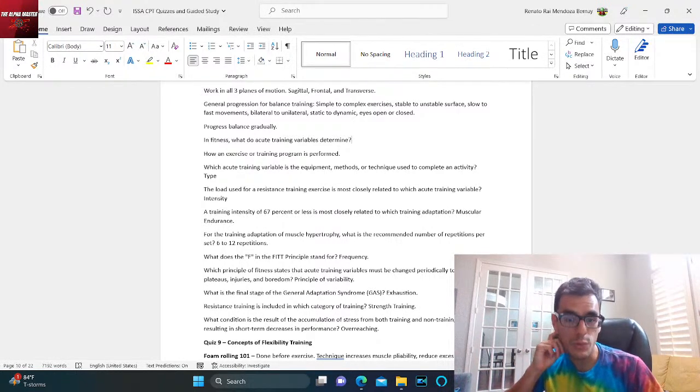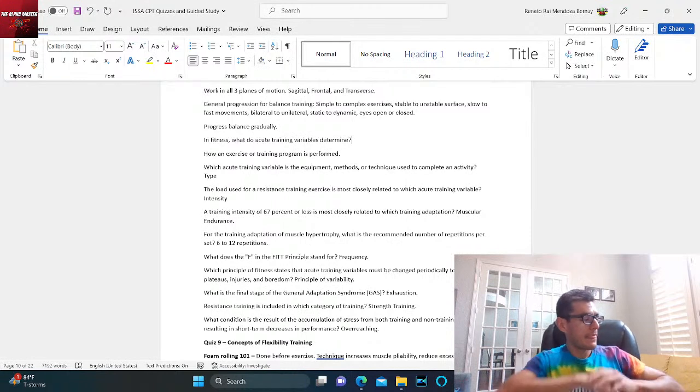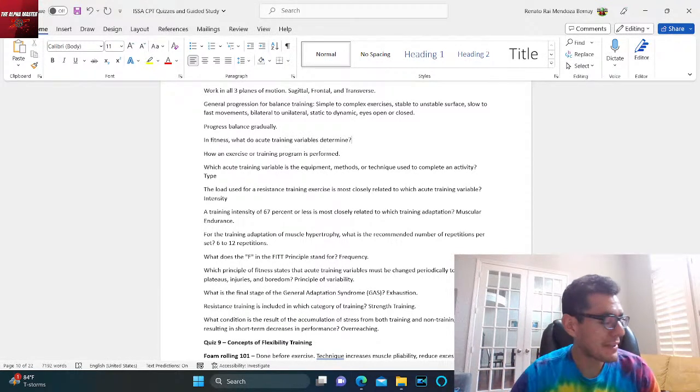Resistance training is included in the strength training category.